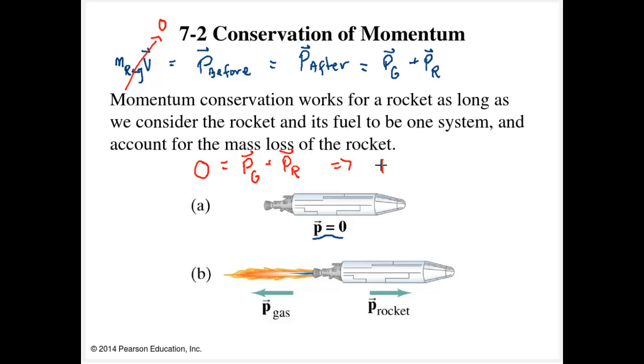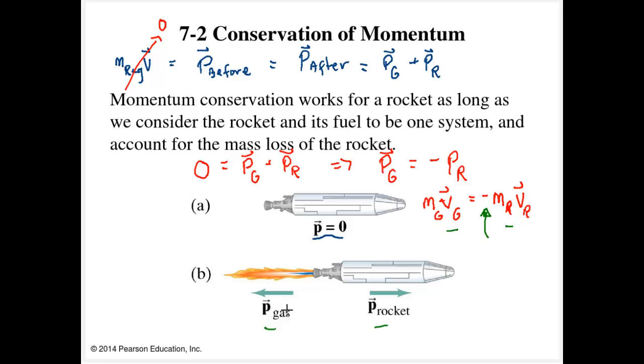And what that tells me is the momentum of the gas must be equal to the negative momentum of the rocket, or the mass of the gas multiplied by the velocity of the gas is going to be negative the mass of the rocket multiplied by the velocity of the rocket. As I said on the last slide, this negative sign here means that the gas and rocket are going in opposite directions, and you can see that pictorially right here.